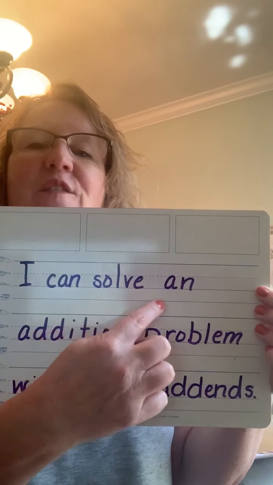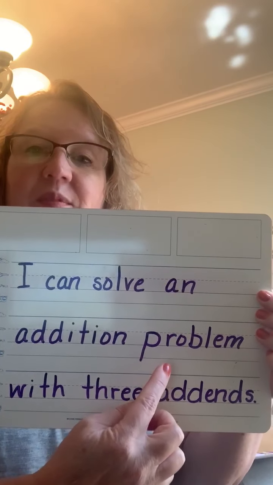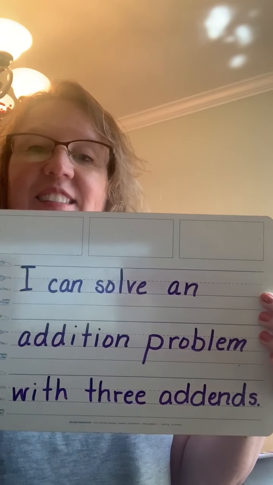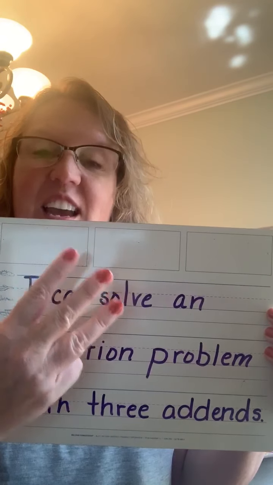I can solve an addition problem with 3 addends. How many addends have we been using so far? 2. We do something like 7 plus 9. 7 and 9, that's our 2 addends. Now we've got 3 addends we're going to do. Yes, we are.